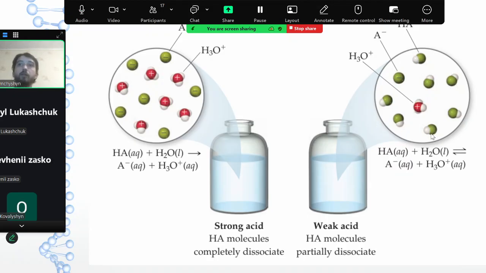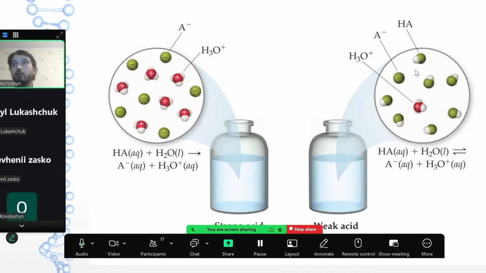If we have a weak acid, there will be some sort of equilibrium, so you see different arrows here. This arrow shows that the reaction goes almost to completion, so you don't expect any leftovers, while here there will be a dynamic equilibrium, and you will find in the solution not only A minus and H3O plus, but also undissociated acid HA, as shown here.